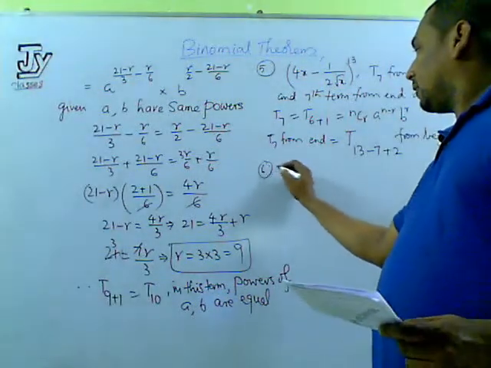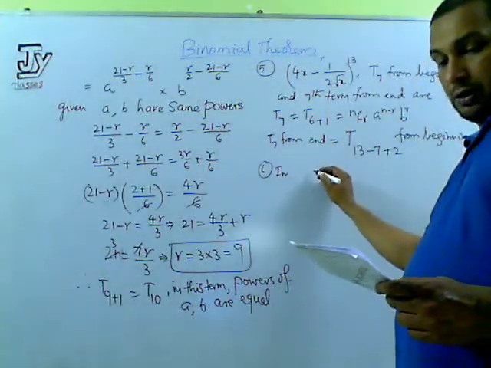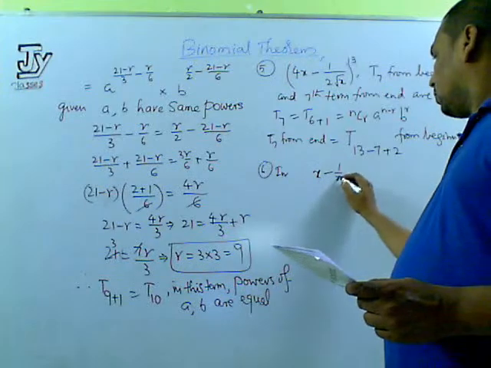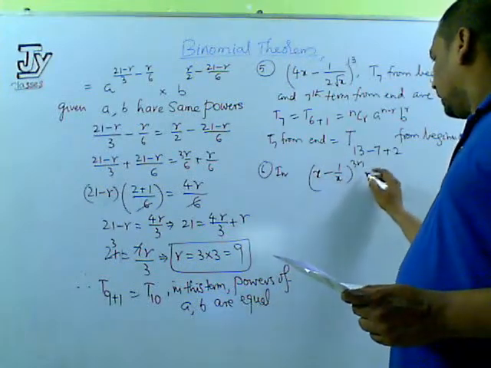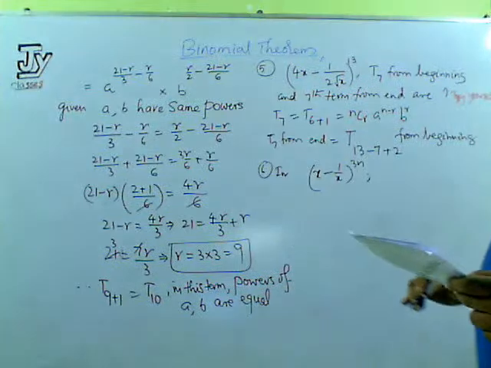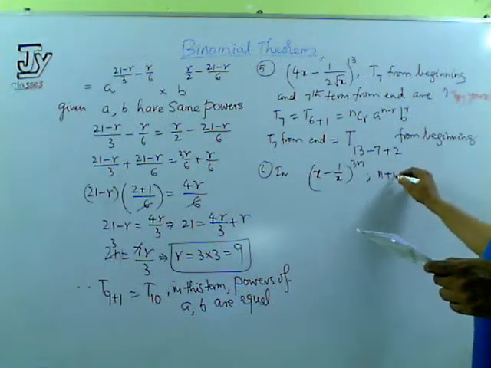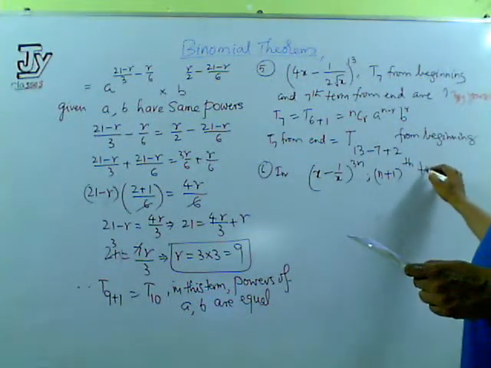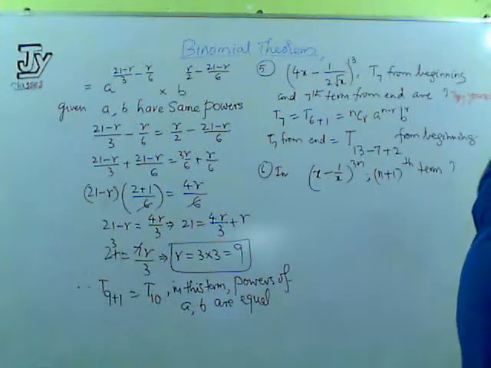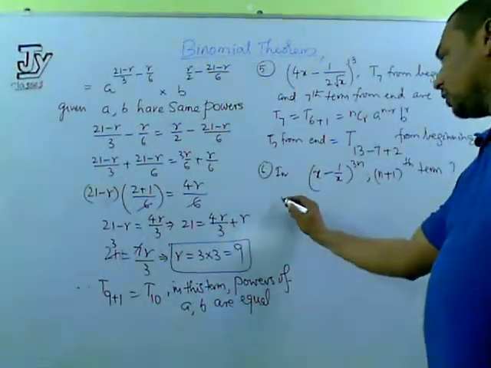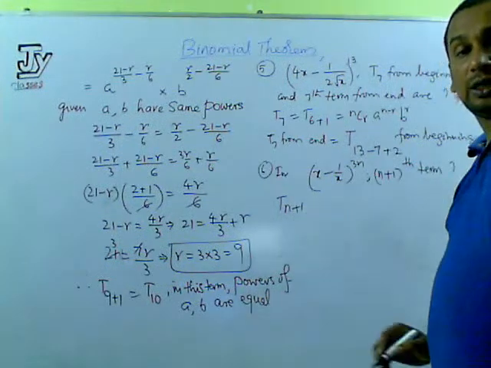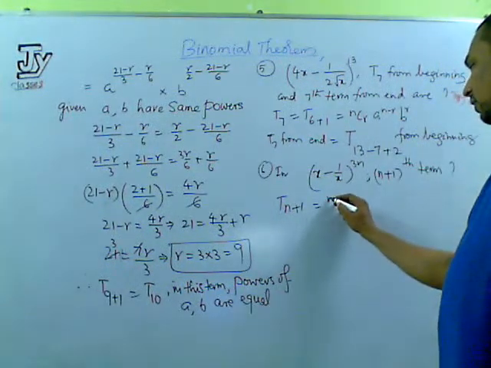Now, the sixth question. In (x minus 1 by x) whole power 3n expansion, what is the n plus 1th term? That is Tn plus 1, which is equal to nCr.